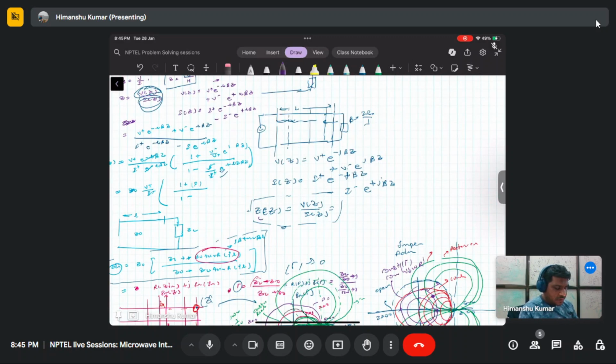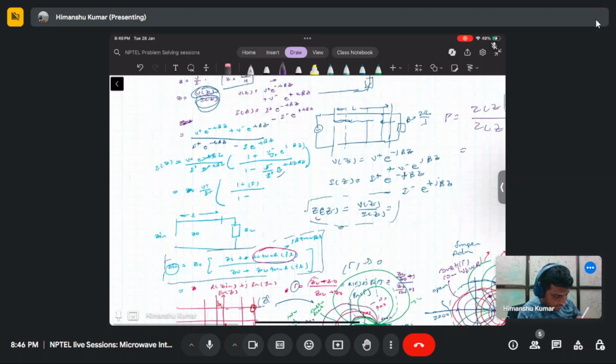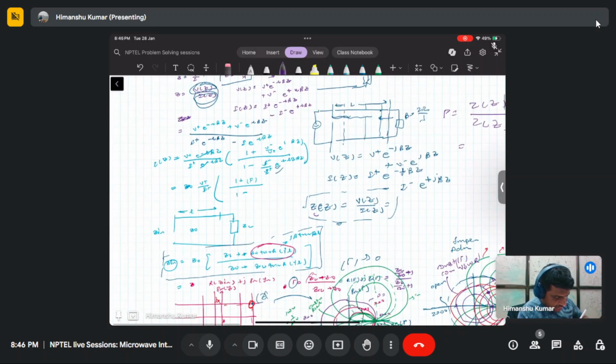You can write the reflection coefficient gamma as equal to Z_G minus Z naught divided by Z_G plus Z naught. Then if you put the values of V and I into this equation, you will reach this equation.